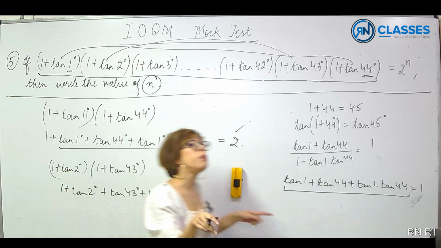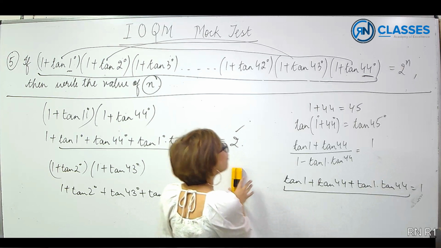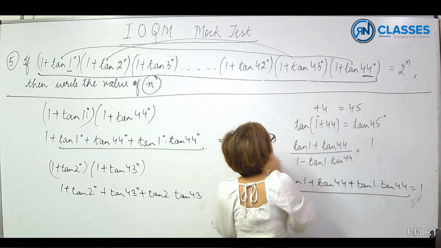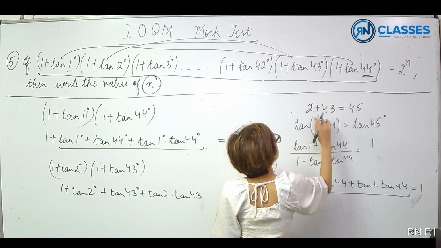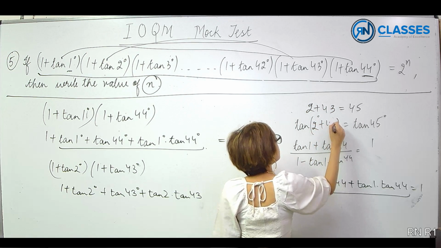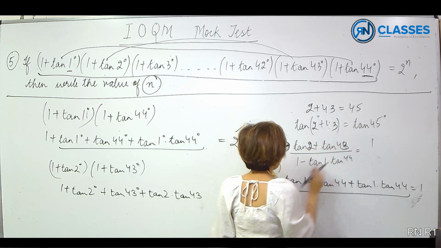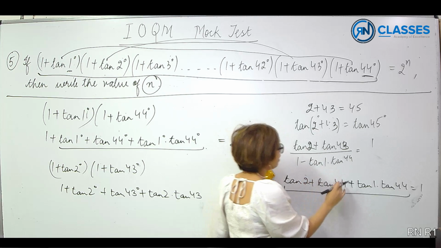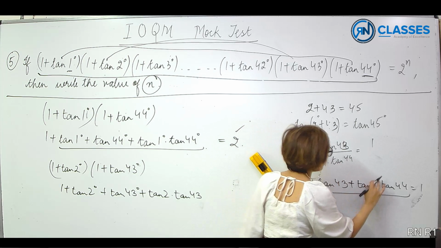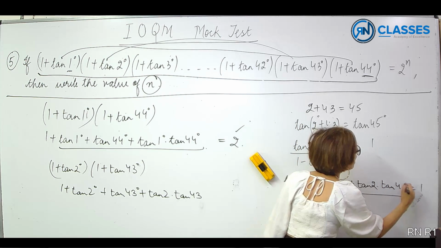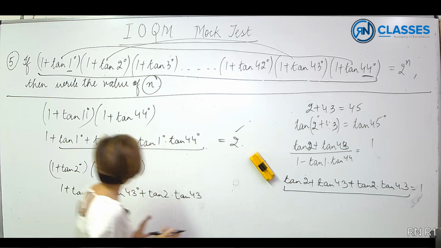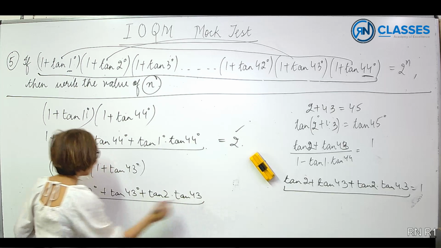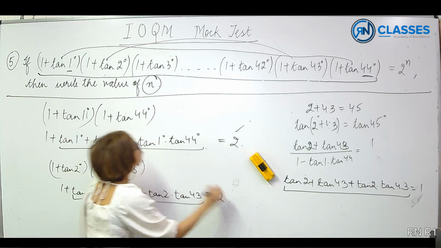Again, I know that 2 plus 43 is a very nice number, 45. Same thing I will do, and ultimately I'll get tan 2 plus tan 43 plus tan 2 into tan 43, which will turn out to be 1. Again, this quantity is 1. 1 plus 1, 2.